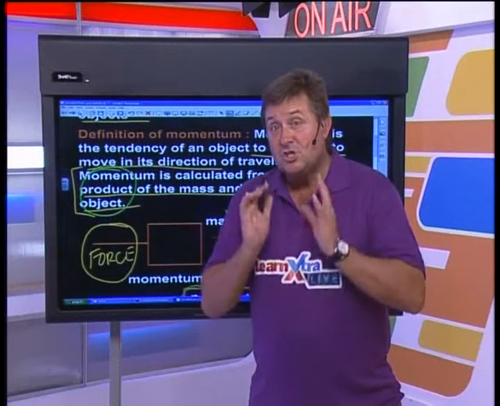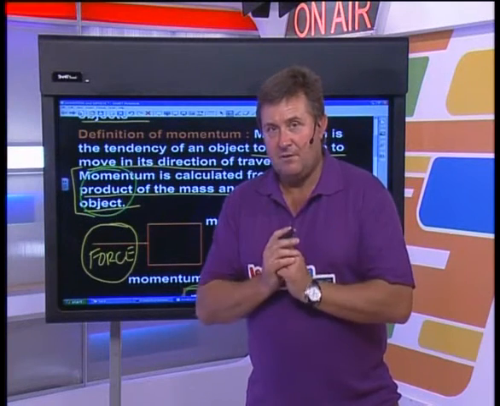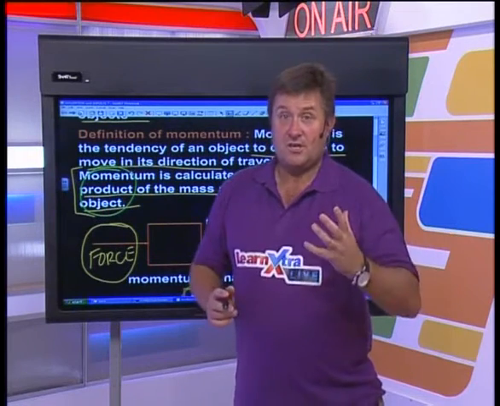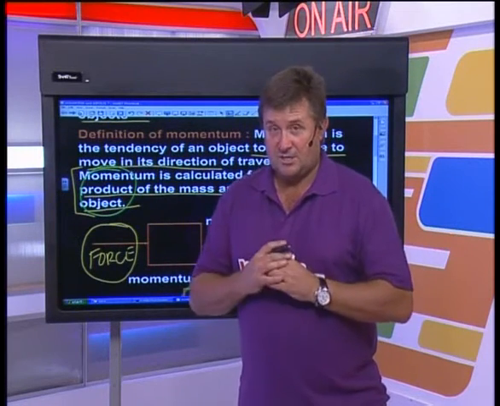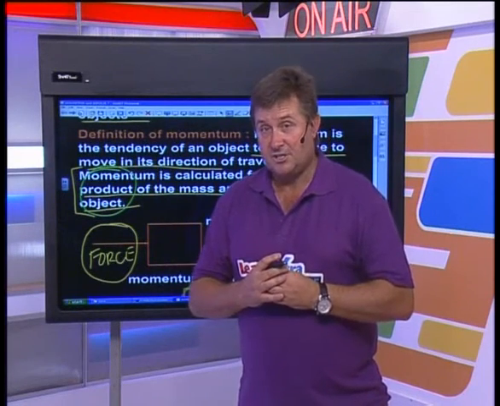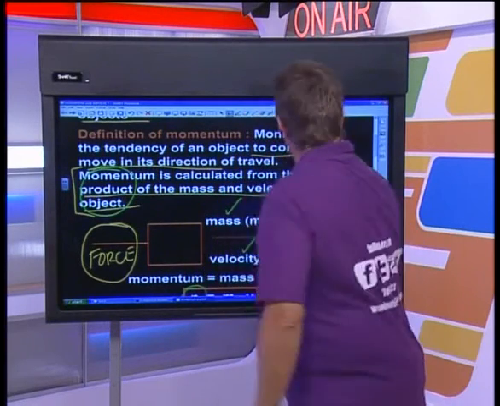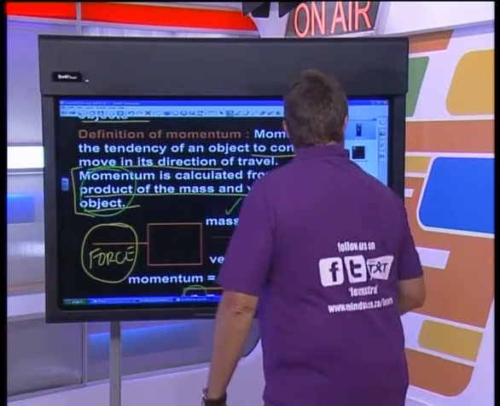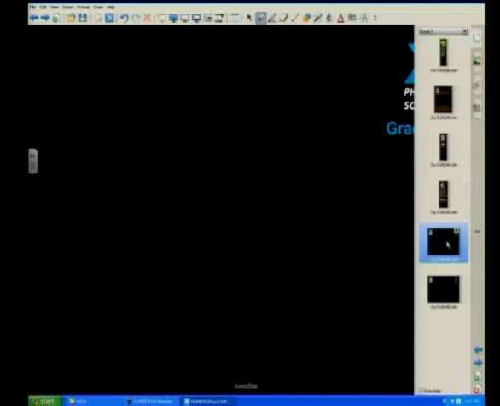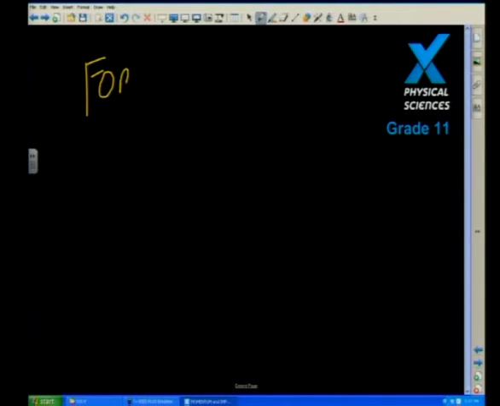And the force will change the velocity. Now, the question is, what type of force will cause the velocity to change? Now, think about it. If we've got a force, and we want the force which we're going to allow to change the velocity.